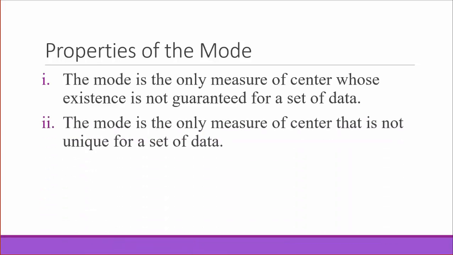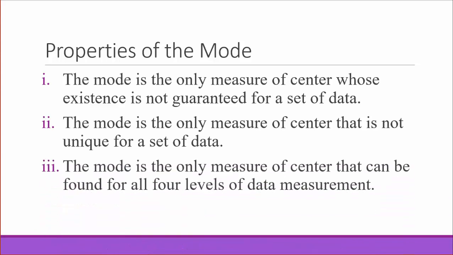The mode is the only measure of center that is not unique. In other words, we can have more than one mode for a set of data. I was referencing bimodal data and multimodal data earlier. So that's another unique feature of the mode. And then finally, and this is what I think is the most important, the mode is the only measure of center that can be found for all 4 levels of data measurement.